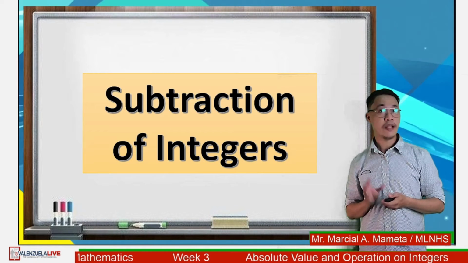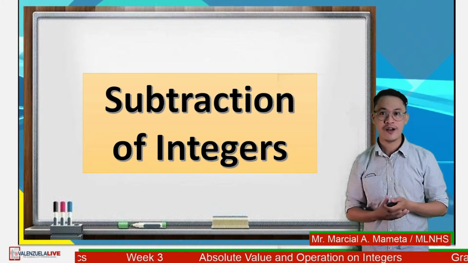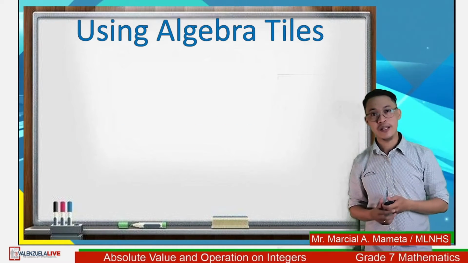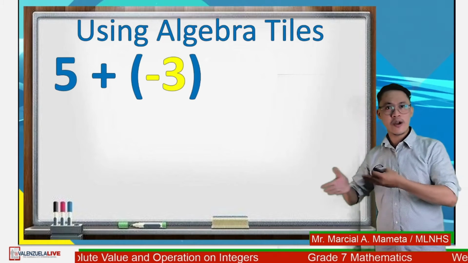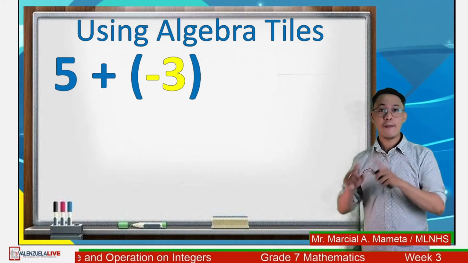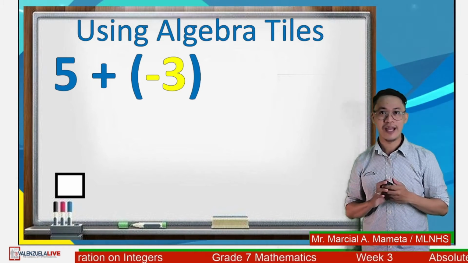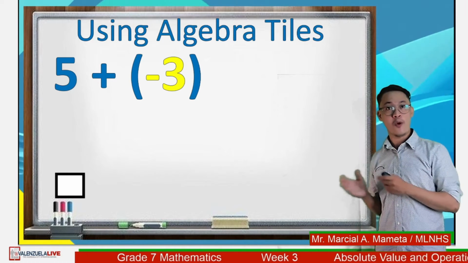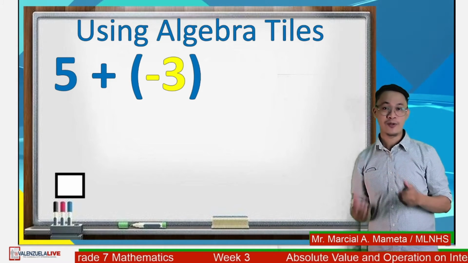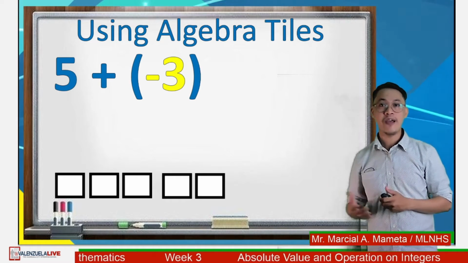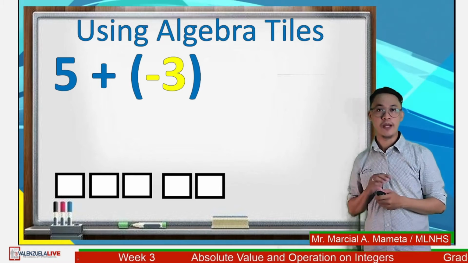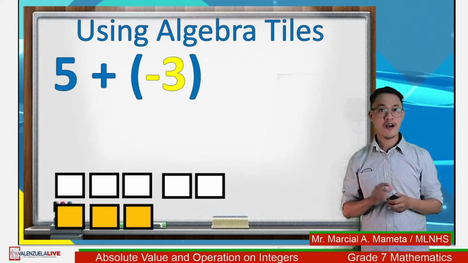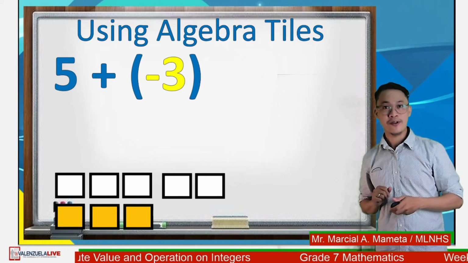Let's proceed to our next topic, which is the subtraction of integers. Again, using the algebra tiles. So let us try to compute this one. 5 plus negative 3. Positive numbers represent white tiles and negative numbers represent yellow tiles. So we need to have 5 white tiles for positive 5 and add 3 yellow tiles. In this case, we have our 0 pairs.